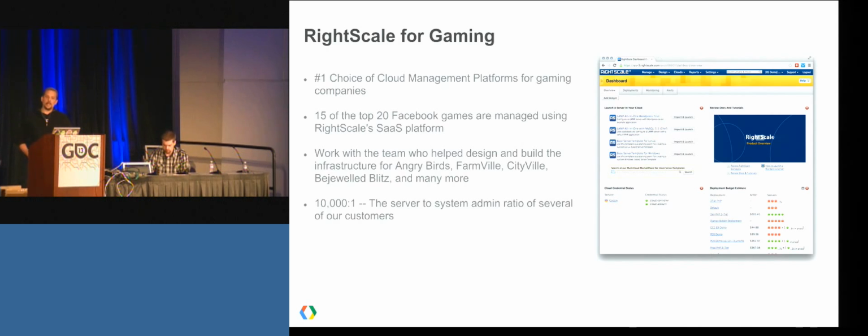One of the things that I really enjoy about working at RightScale is seeing all the crazy things that our customers build on top of the platform. And the gaming industry seems to be some of the more creative folks. We see people really taking automation to the extreme, achieving ratios of 10,000 servers being managed by one sysadmin, which is amazing.